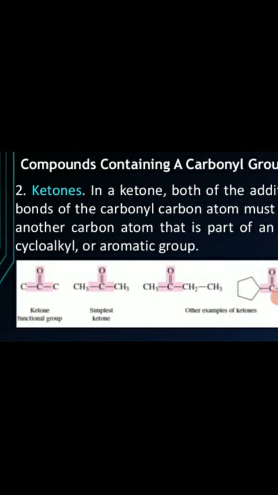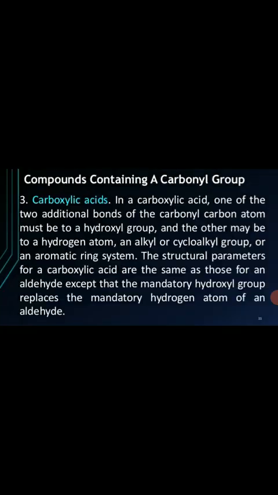Right? And another compound containing a carbonyl group is the carboxylic acid. In a carboxylic acid, one of the two additional bonds of the carbonyl carbon atom must be to a hydroxyl group and the other may be to a hydrogen atom, an alkyl or a cycloalkyl group or an aromatic ring system.